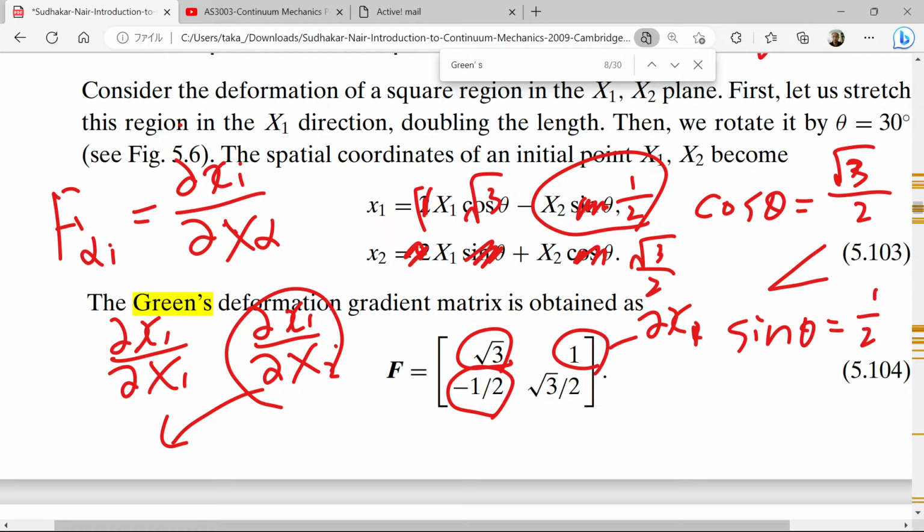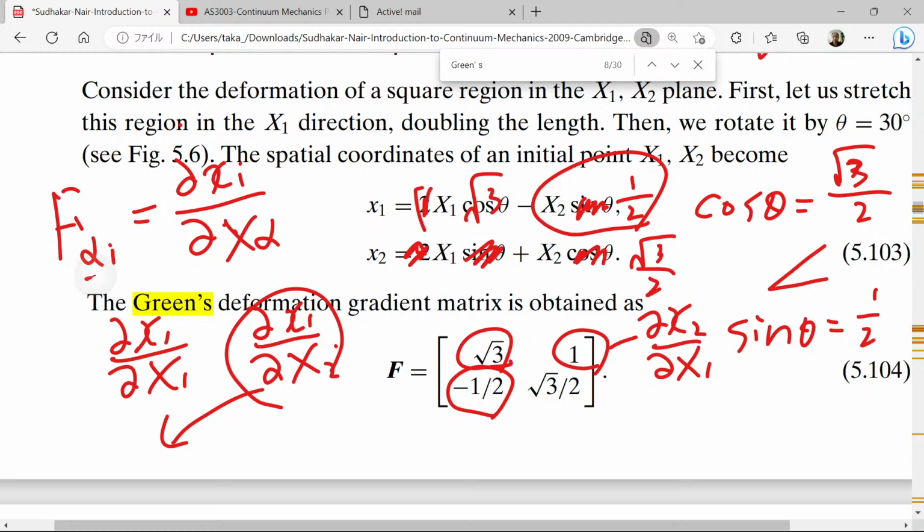Let's see, alpha I. This is partial x2, partial large X1.